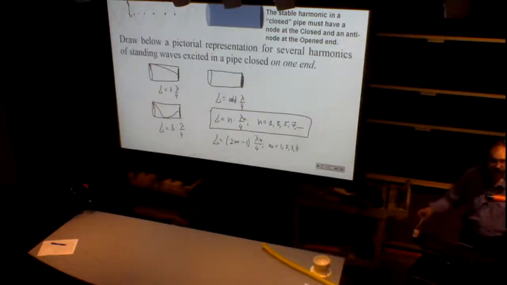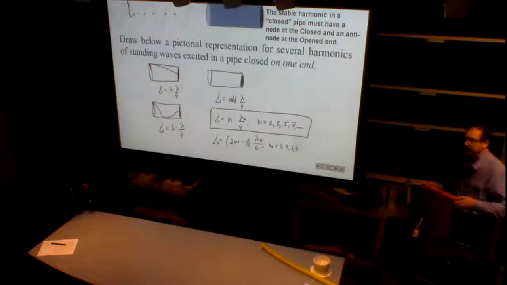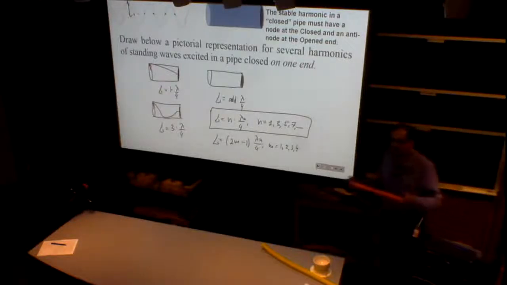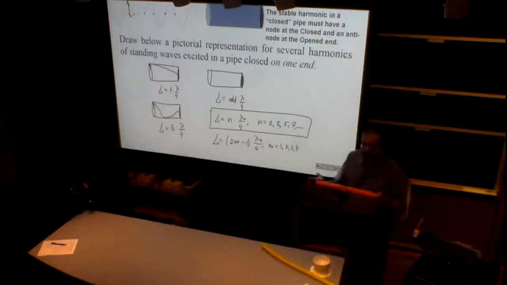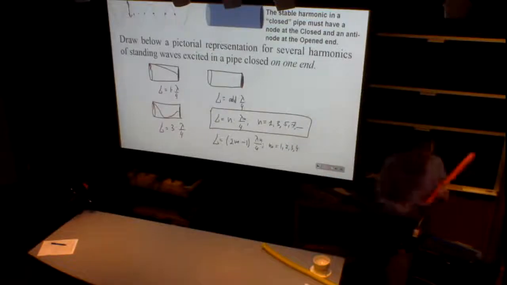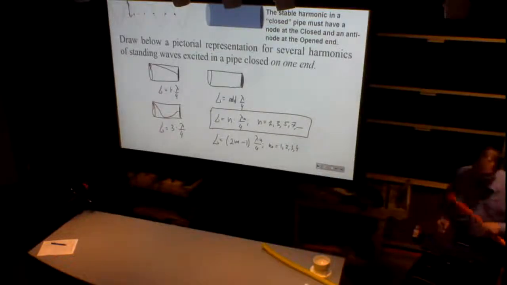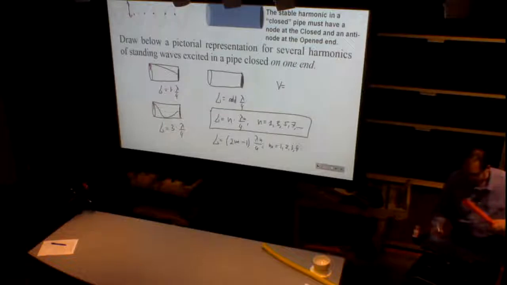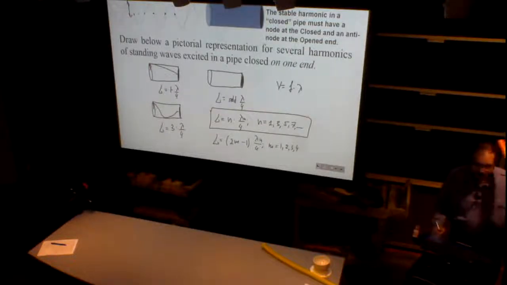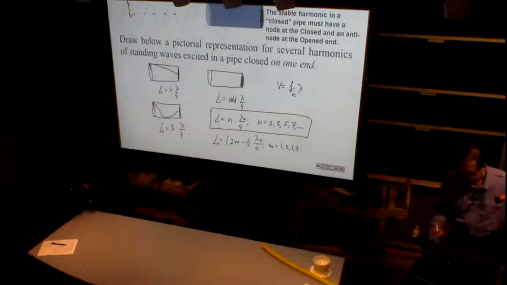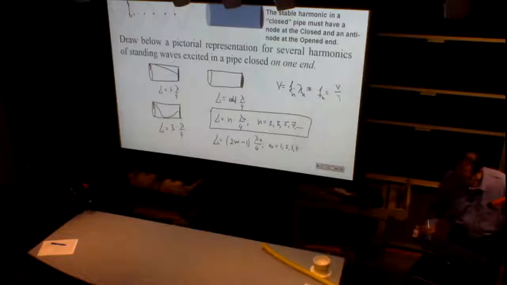So this is an equation which we should use when we need to relate the length of this pipe and the wavelength of a standing wave which we can generate in it. And of course, because speed is equal to frequency times wavelength, and the speed is the same, we can solve this equation for frequencies, speed divided by the wavelength.